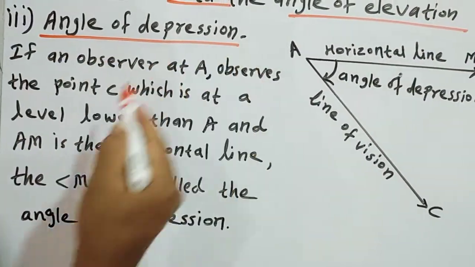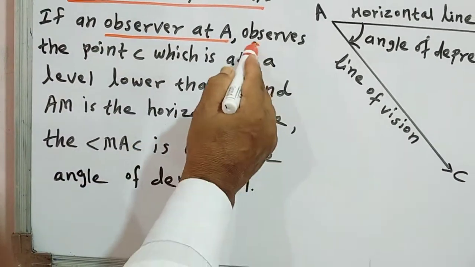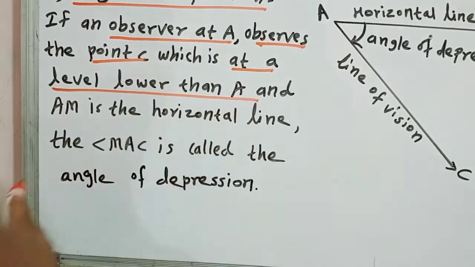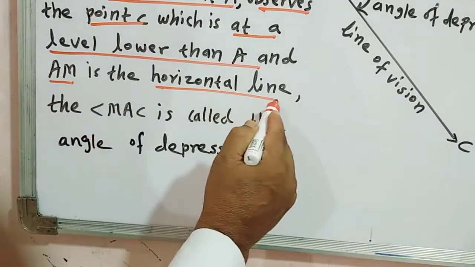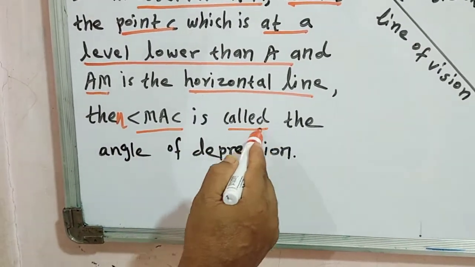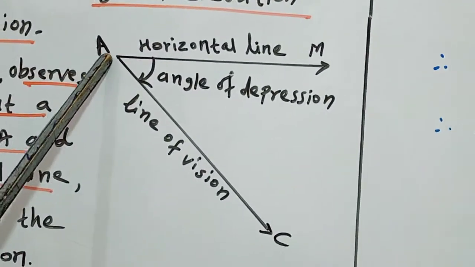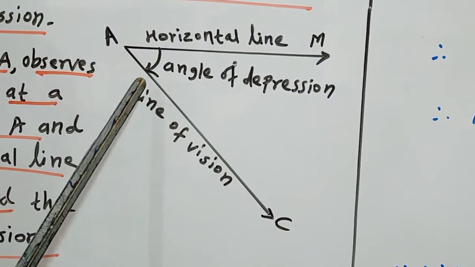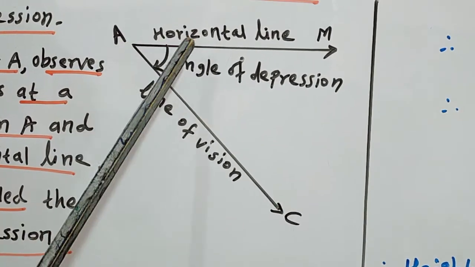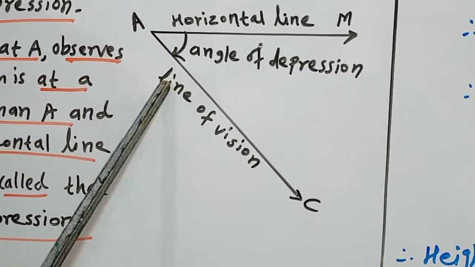Then angle of depression. If an observer at A observes point C, which is at a level lower than A, and AM is the horizontal line, then angle MAC is called angle of depression. See, the observer is at A, line AM is the horizontal line and point C is at a lower level than A. That's why when the observer looks at point C, this AC is the line of vision.